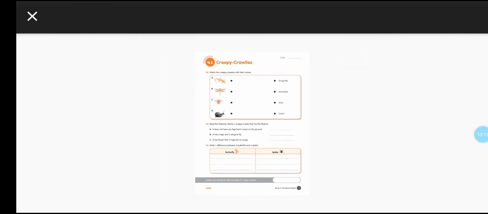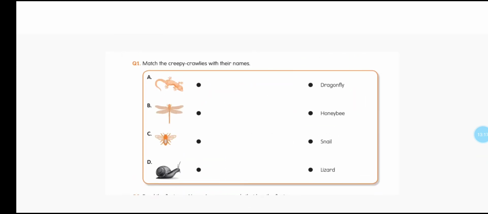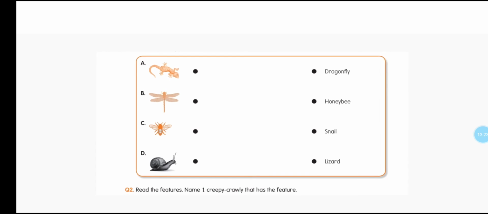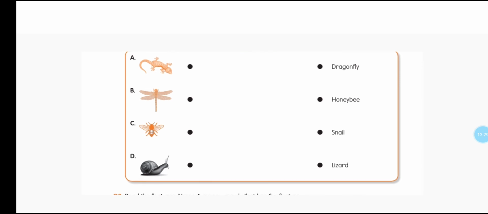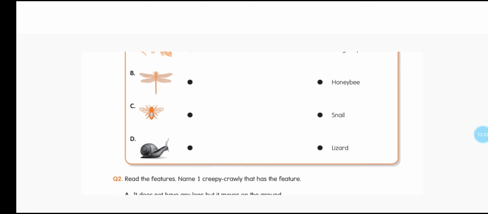And the next one, which picture is it? Is it a honeybee? No, honeybee is very small. Is it a lizard? No. Is it a snail? No, snail has a shell on its body.